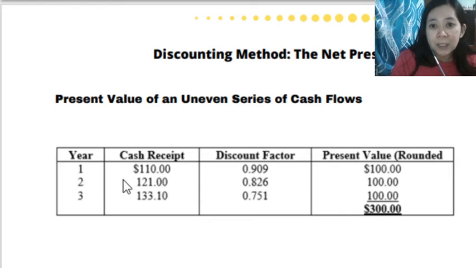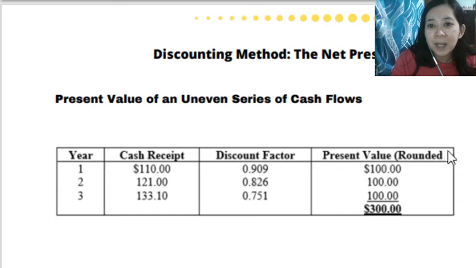For the first year, he receives $110, second year $121, and in the third year, $133.10. So that makes it uneven. Then what you're going to do is to locate the discount factor.